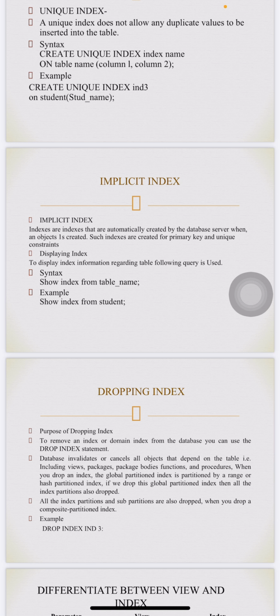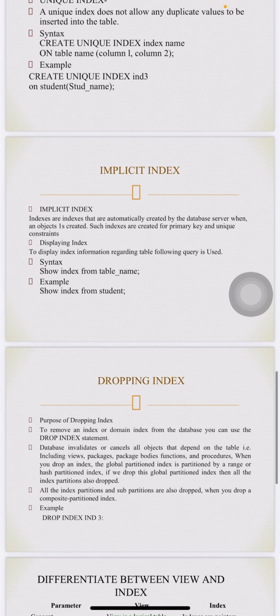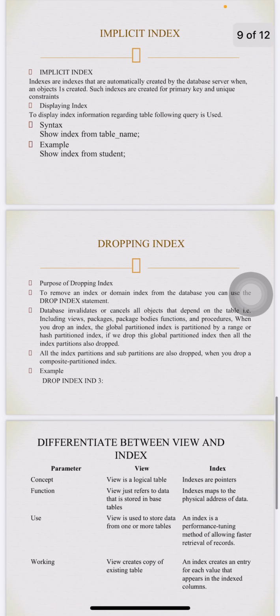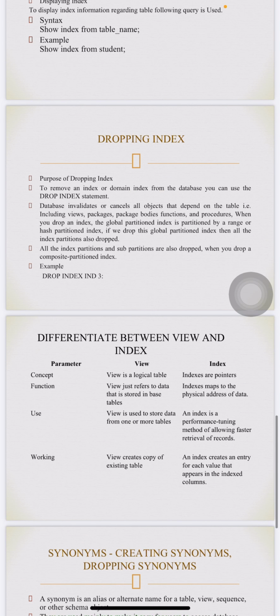When you drop a global partitioned index that is partitioned by range or hash, all the index partitions also drop. All the index partitions and subpartitions also drop when you drop a composite partitioned index. Example: drop index index3.